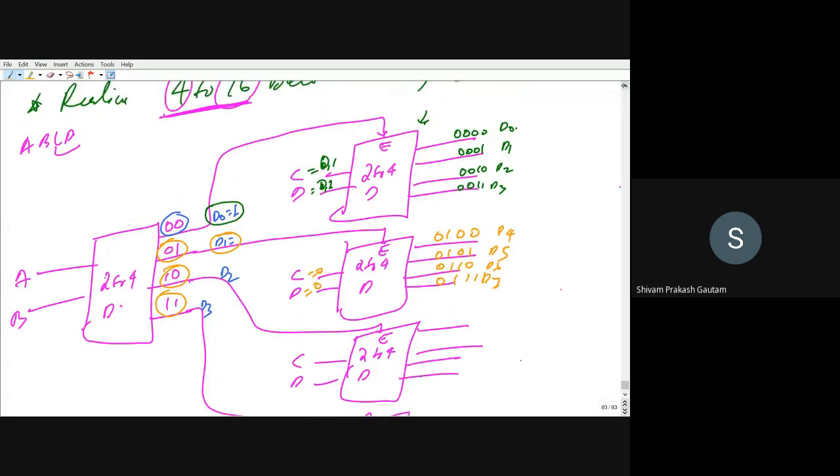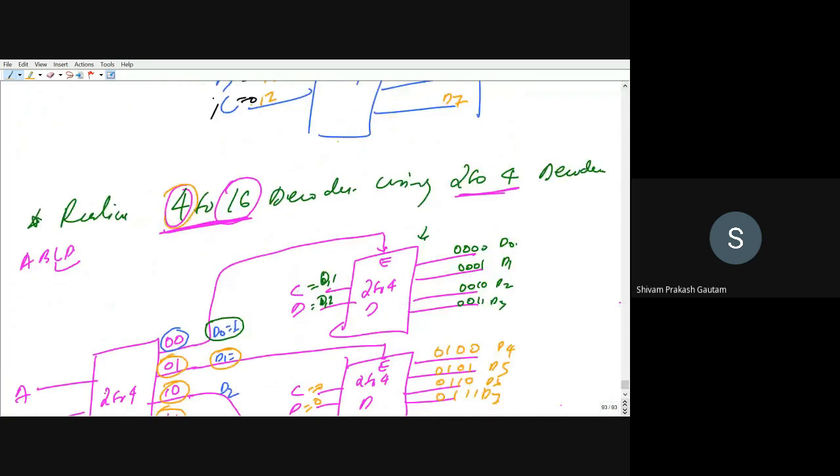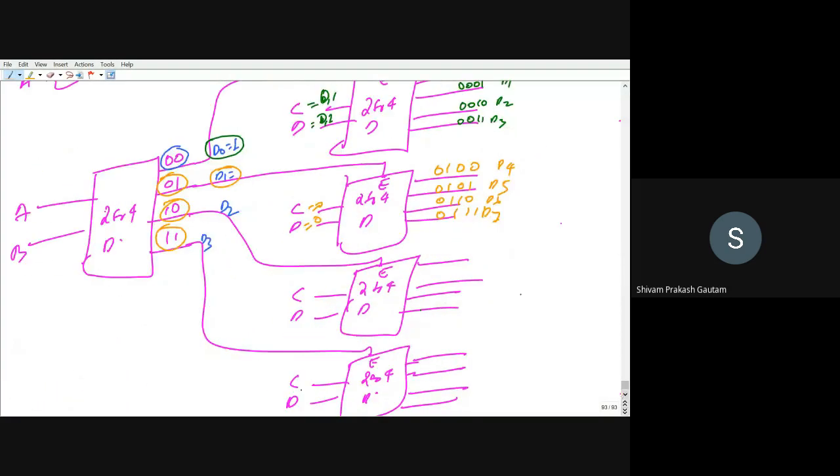So here you can see, for realizing a 4 to 16 decoder using 2 to 4 decoders, how many 2 to 4 decoders are we requiring? 5. The total 2 to 4 decoder requirement is 5.